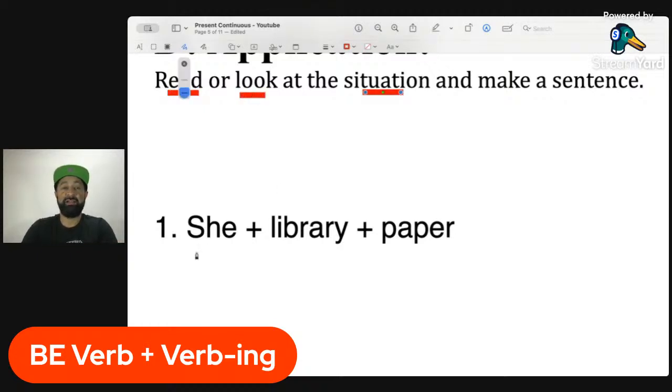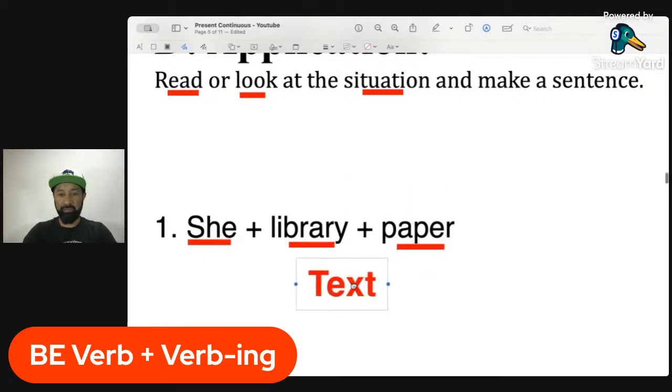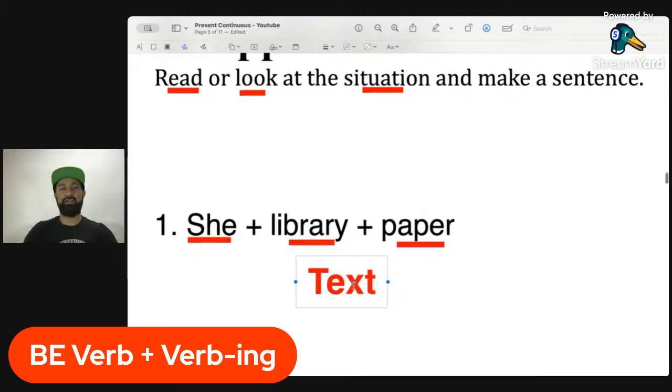So we've got she, we've got library, we've got paper. This paper means a report. When you go to university, you have to write a research report. We call that a paper. So for me, if I look at these 3 words, my image is study, library.